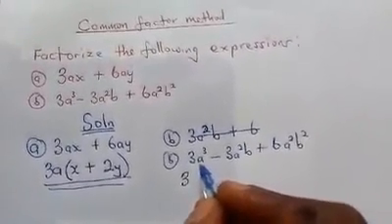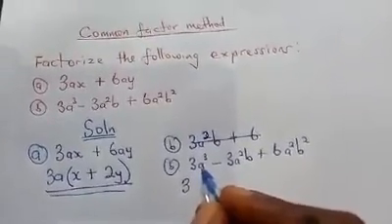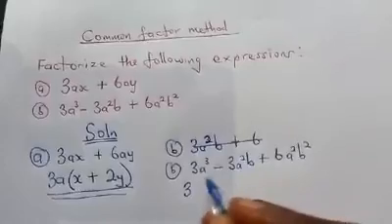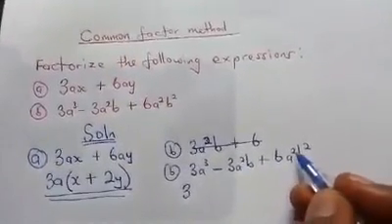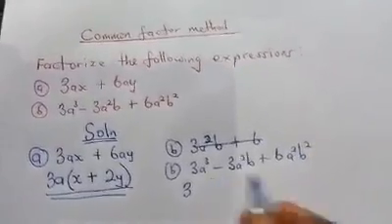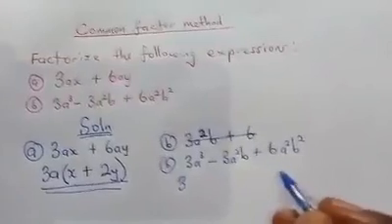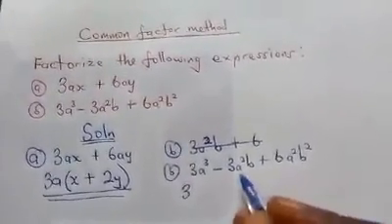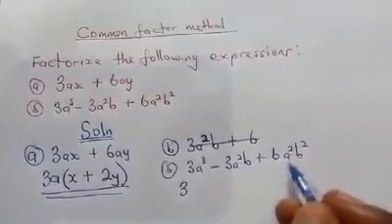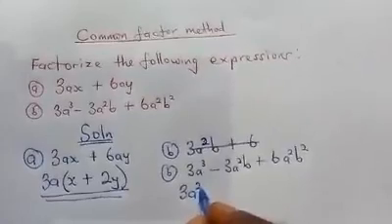But don't forget that the A is raised to some powers. This is cubed, this is squared, and then the other one is also squared. So for you to pick out the common factor, you take the one with the smallest power. The smallest power here is A squared. So it means the common factor will be A squared.